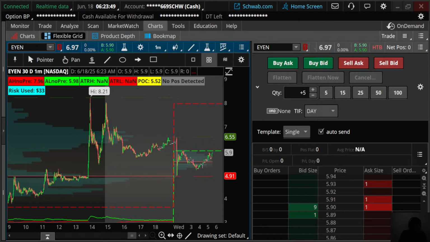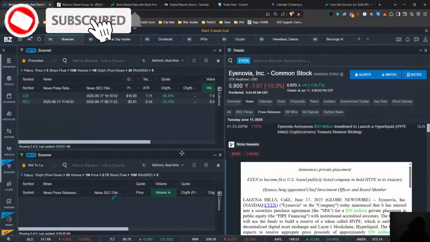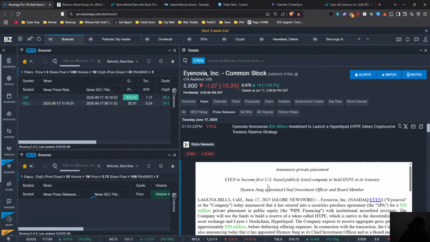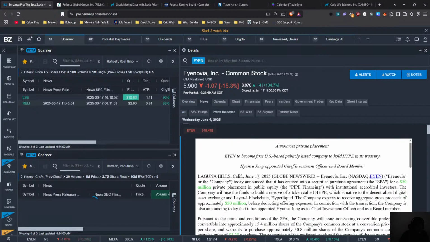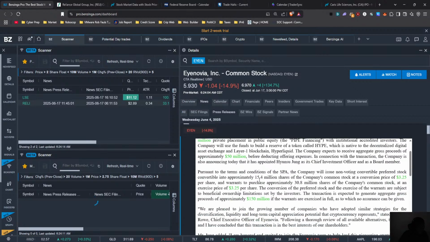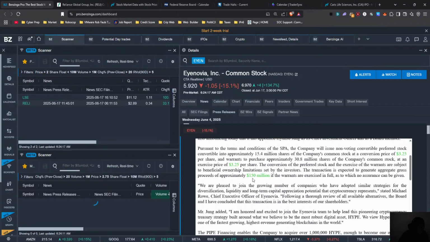So it says EYEN to become the first US based publicly listed company to hold HYPE in its treasury. Okay. I don't know what HYPE is. I'm guessing that's some type of meme stock. Okay, so I don't know how interested I am in that.